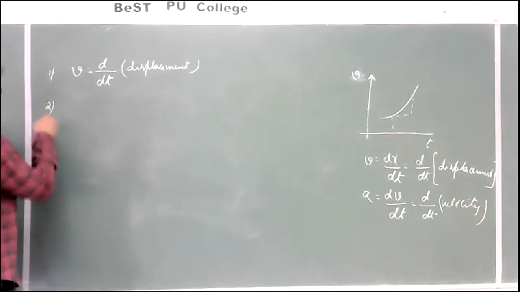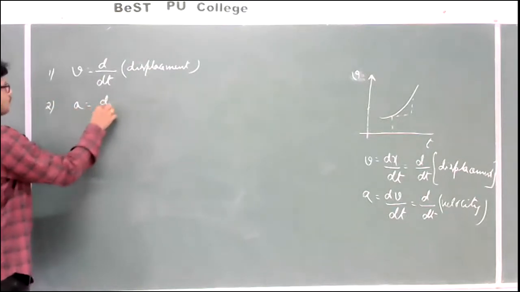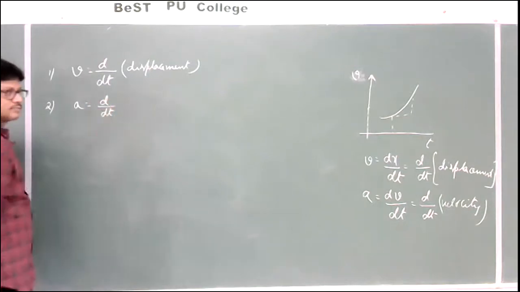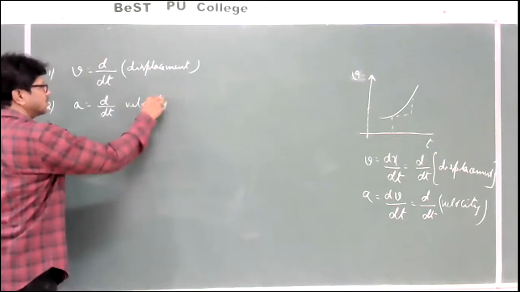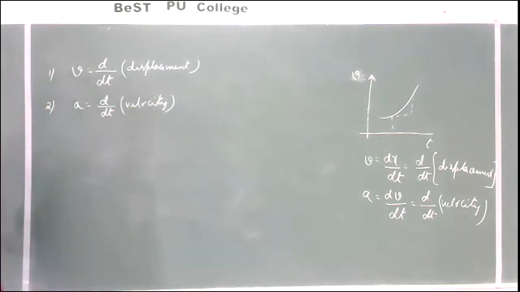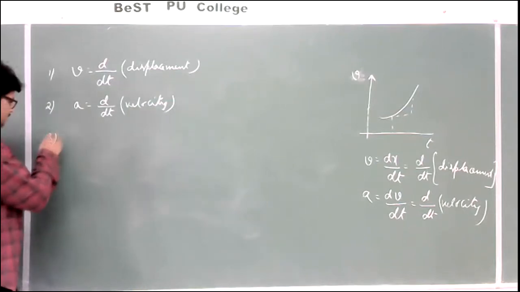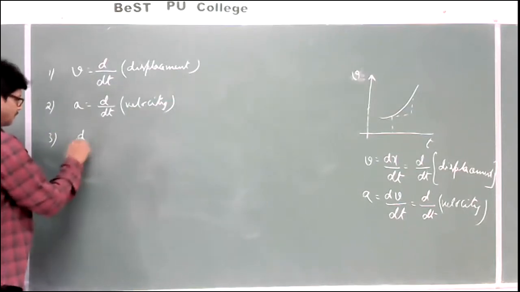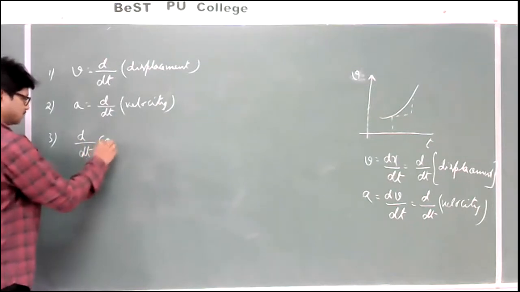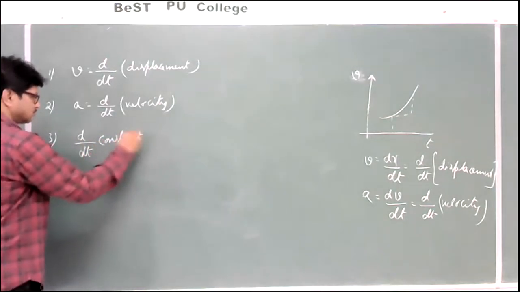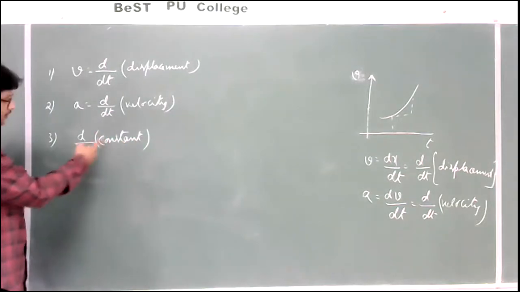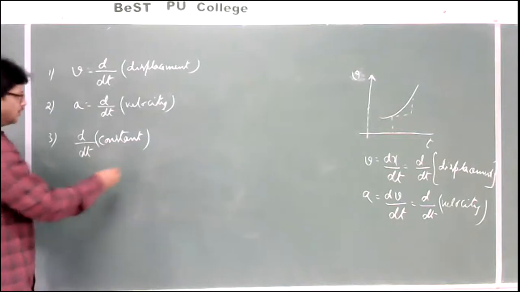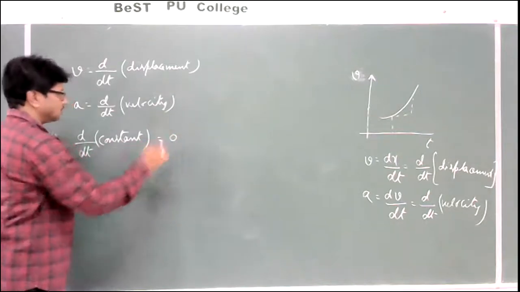Second one: we can get acceleration by differentiating velocity with respect to time. Third point we discussed: if you differentiate a constant with respect to any variable, the value is 0.